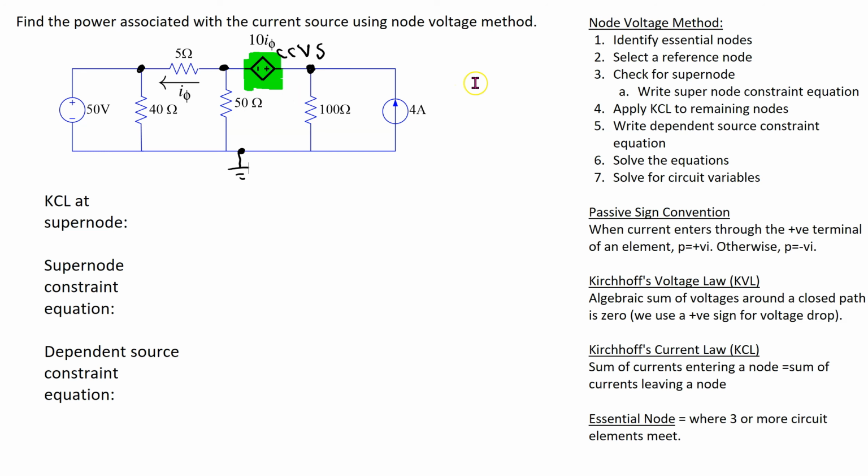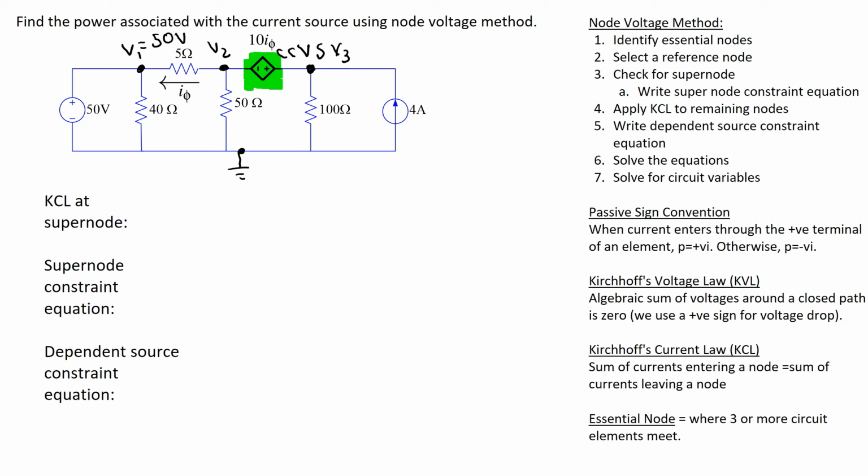So in order to apply the node voltage method, let's first label the nodes. So we have node V1, V2, and V3. We can see that since this voltage source is directly connected between ground and node V1, it has a voltage of 50 volts with respect to ground.